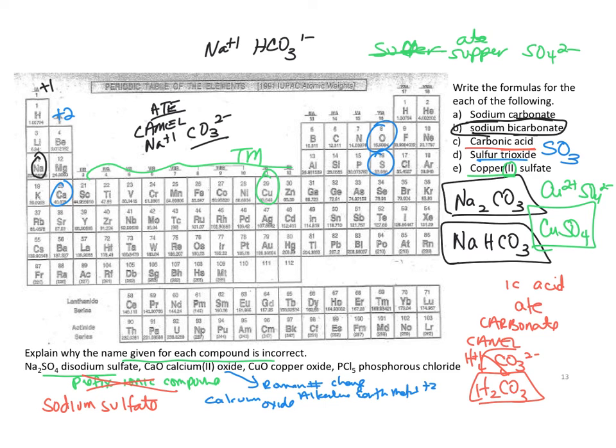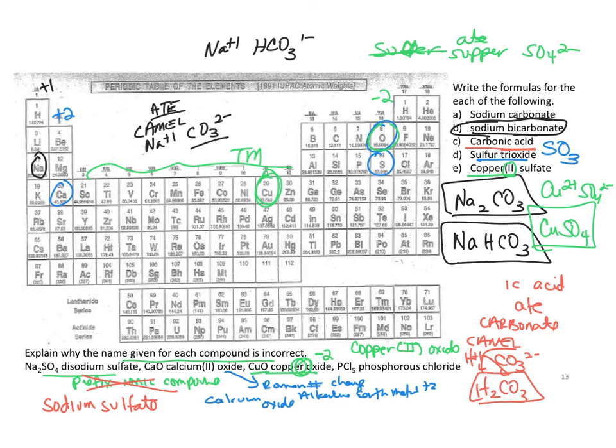Going to the next one, copper. Copper is a variable charge, and oxide is a 2 minus, so this should be copper(II) oxide. There's no Roman numeral there.